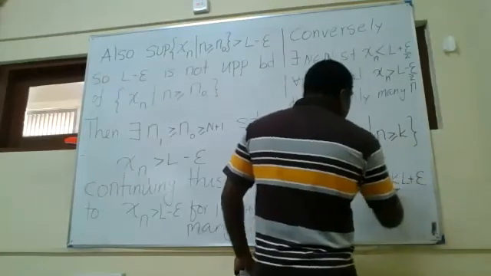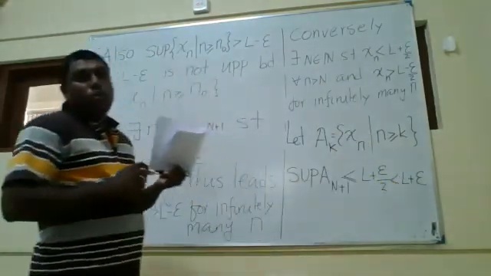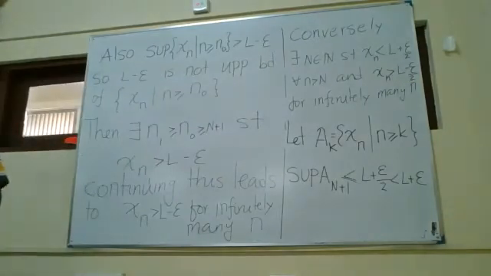Now you know why I changed this to epsilon over 2: I need a strict inequality, so this is strictly less than L plus epsilon.